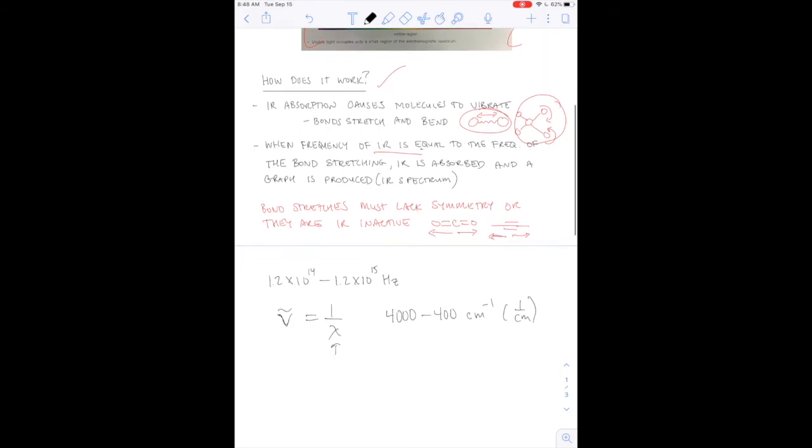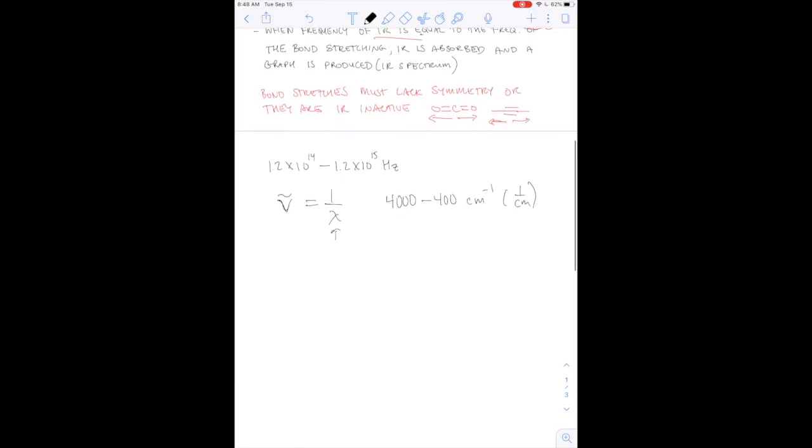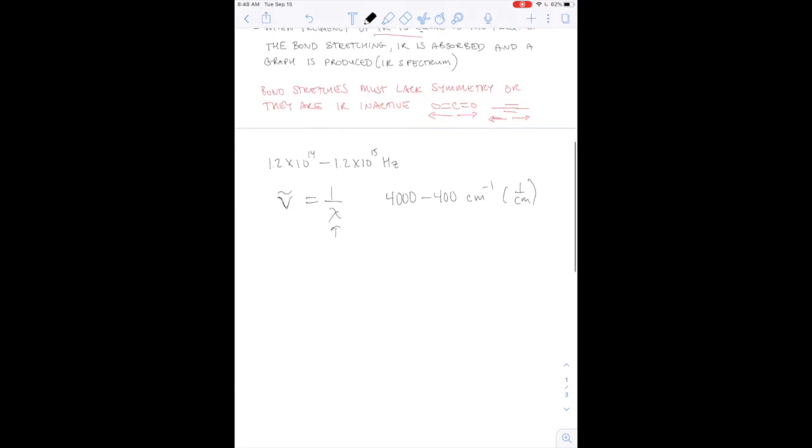These are obviously way easier to report, and they make a little bit more sense. We can fathom the idea of these values much easier than we can maybe 1.2 times 10 to the 15. And so what we end up getting is a graph that, well, let me explain to you first, I guess.